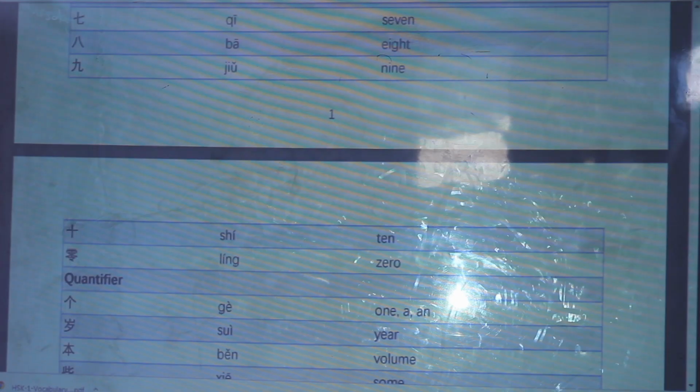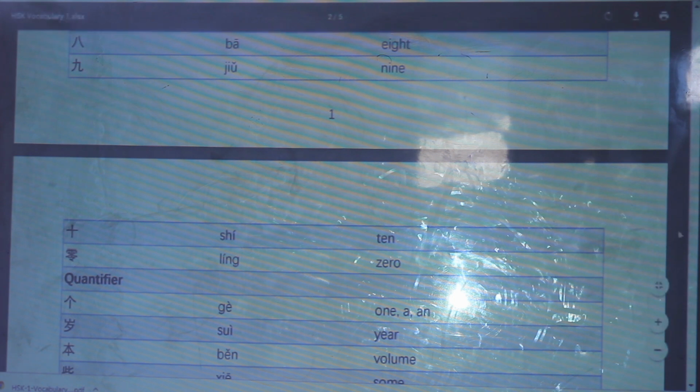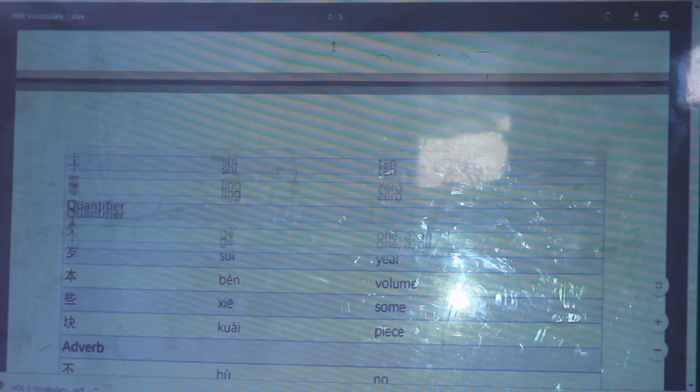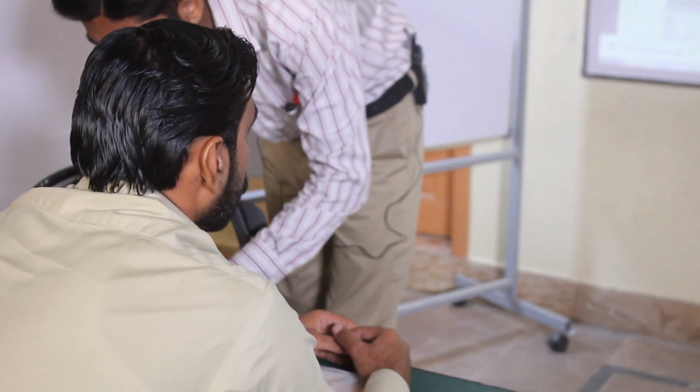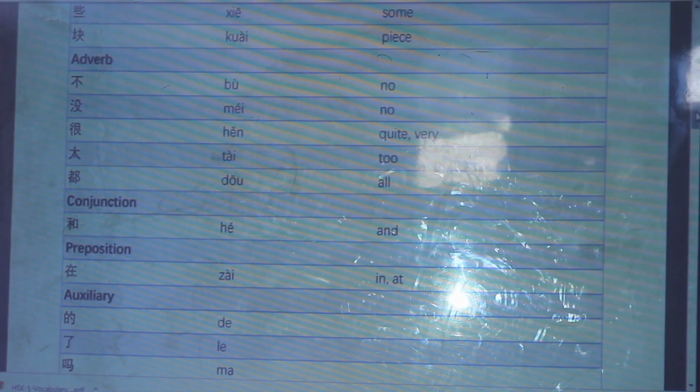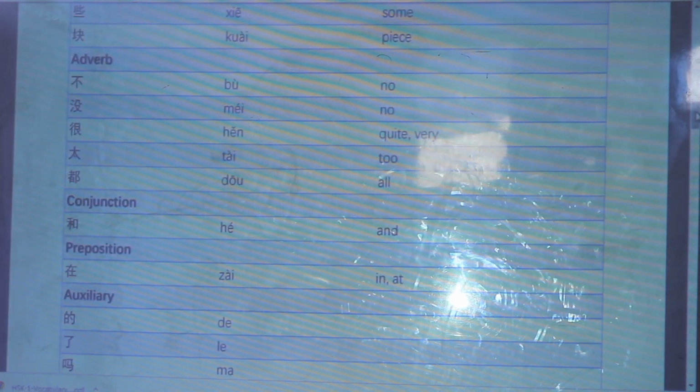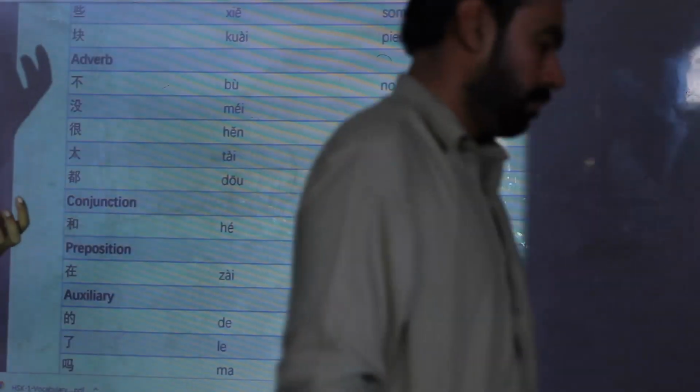Okay, now this one. Xie. Xie. We pronounce XI.